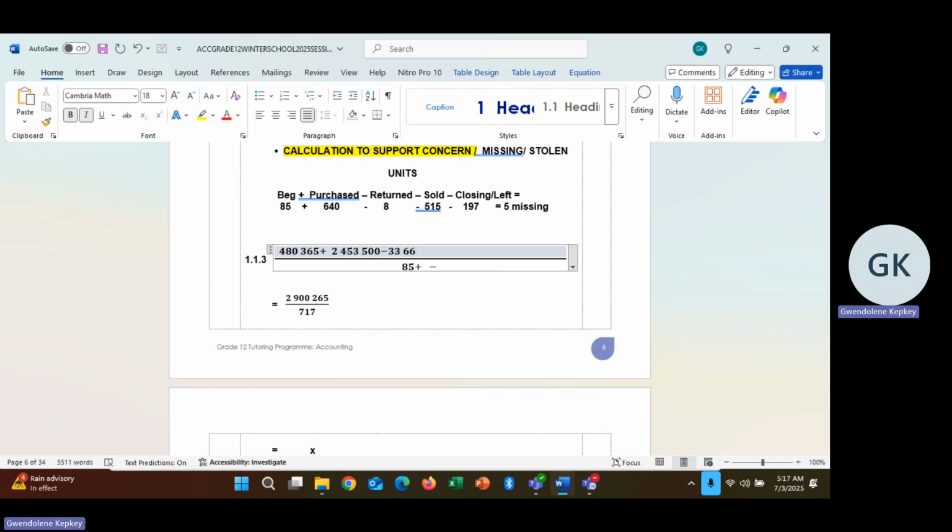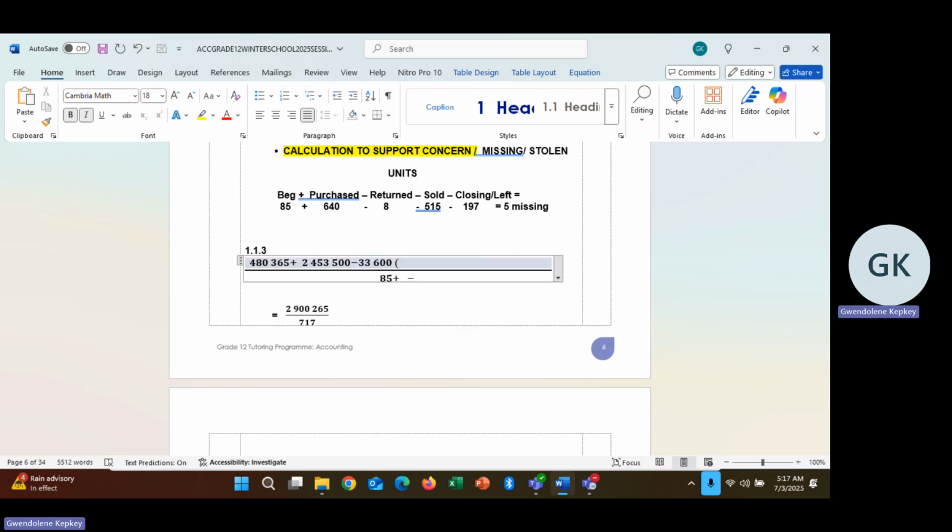Where have I obtained that figure from? Allow me grade 12s to indicate to you what I've done. So I've taken the price of 4,200 and I have multiplied that with my 8 items that I have returned. So beginning plus purchases minus returns, that will be my numerator.